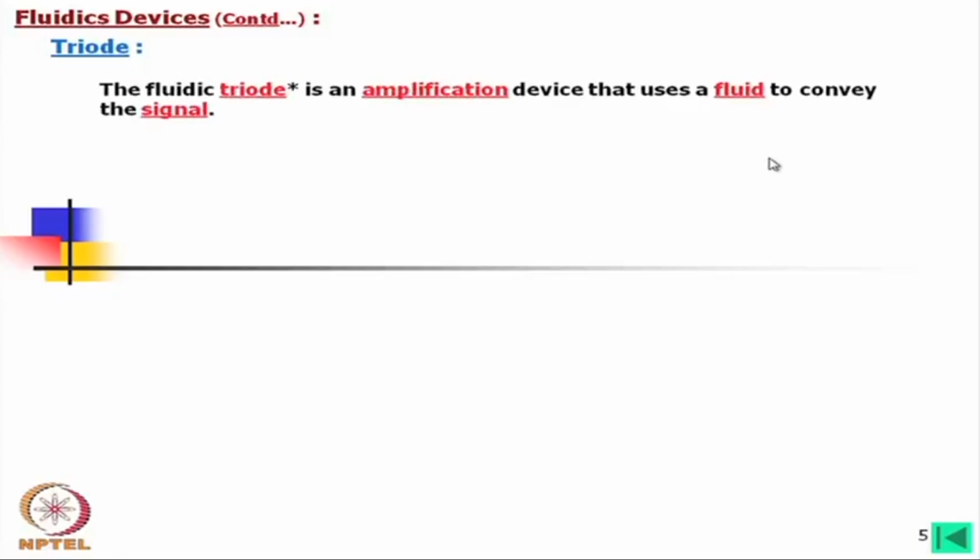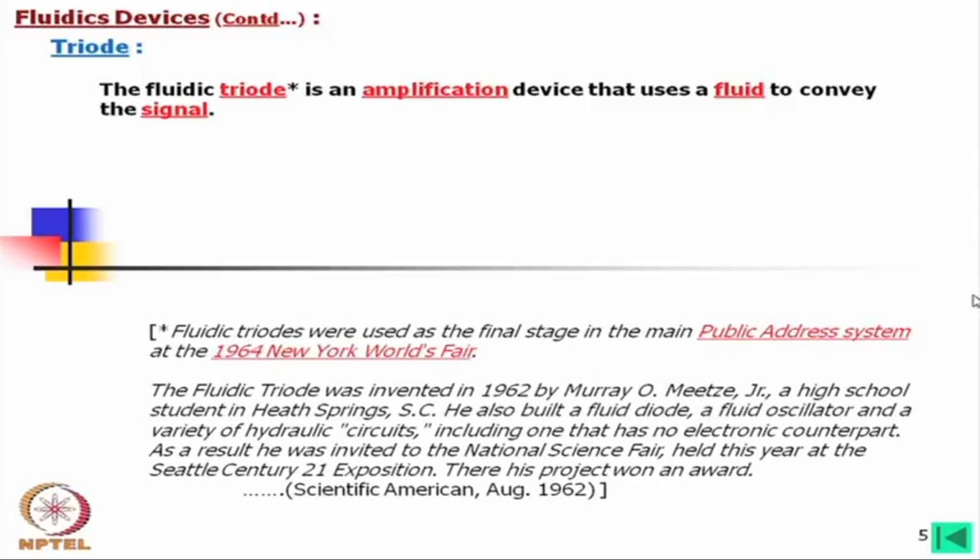Now, the basic device when first developed was the triode, this amplifier, and the fluidic triode is an amplification device that used a fluid to convey the signal. If we look at the history, fluidic triodes were used as the final stage in the main public address system at the 1964 New York World's Fair.